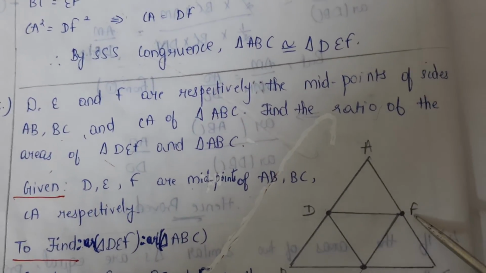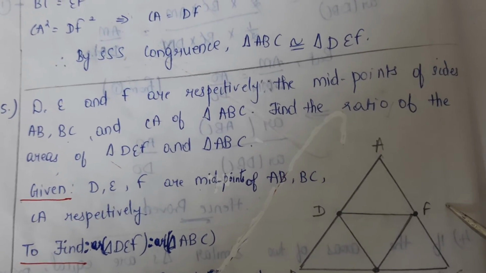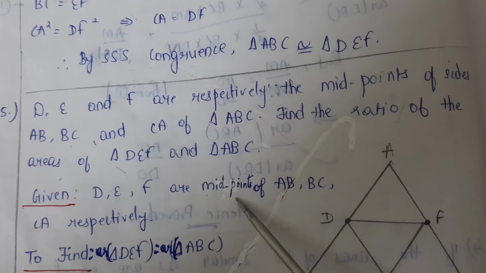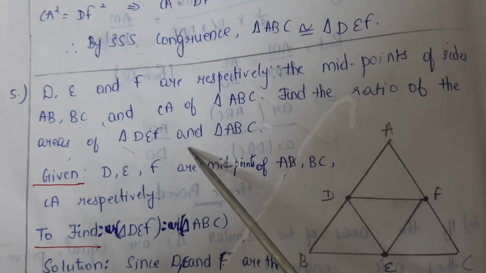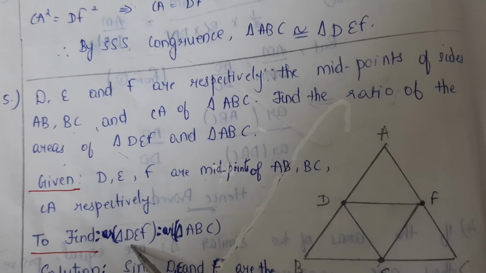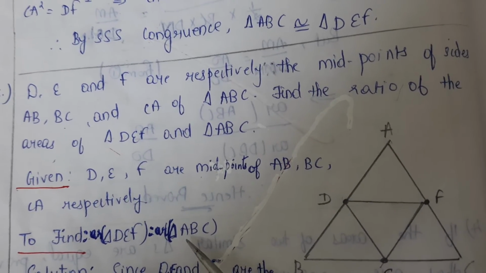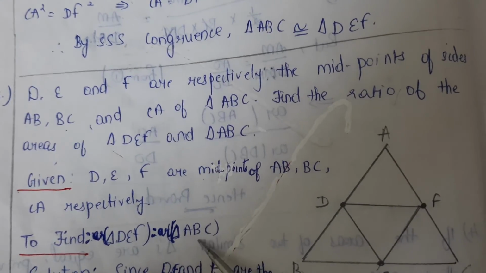D, E and F are the midpoints of AB, BC and CA. So we have to find area of triangle DEF is to area of triangle ABC. That is the ratio we have to find.